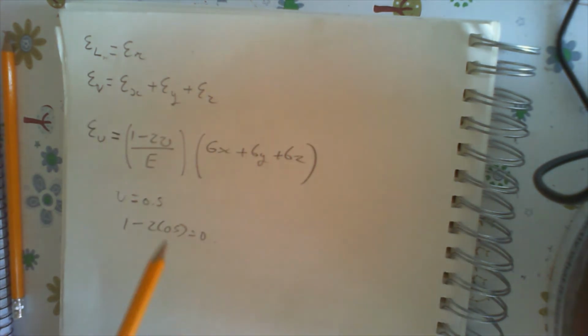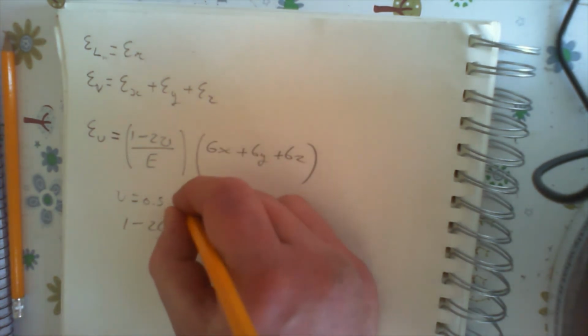If a material has a Poisson's ratio of 0.5, what it means is it doesn't change volume. And we've come across this many times in fluids and things where a fluid like water is seen as incompressible.